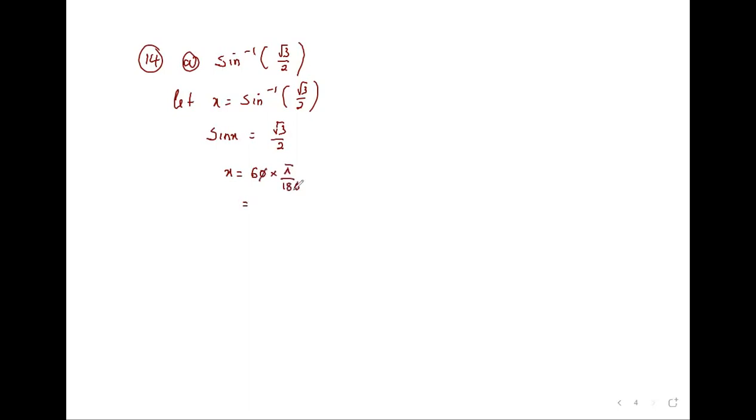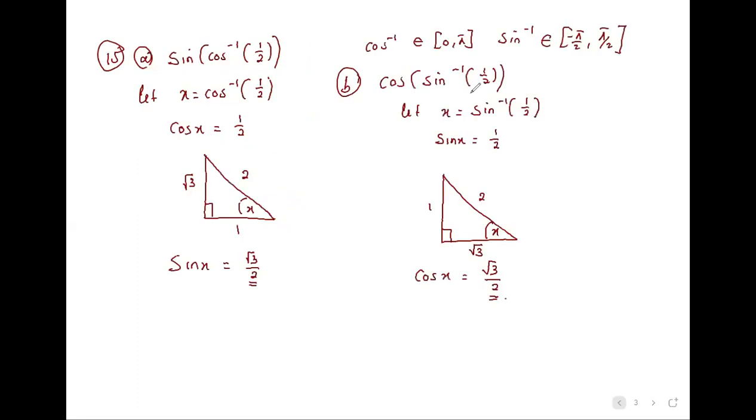So we have pi over 3. Question A, 2 over root 3. It's always either opposite or adjacent to what there is.